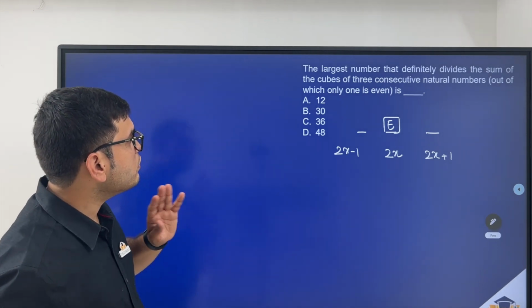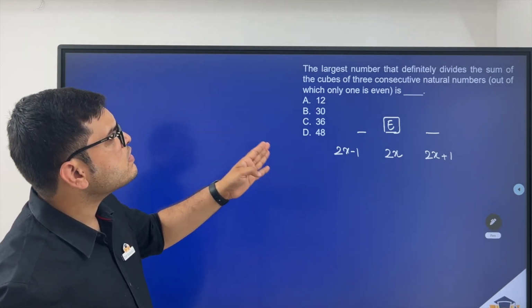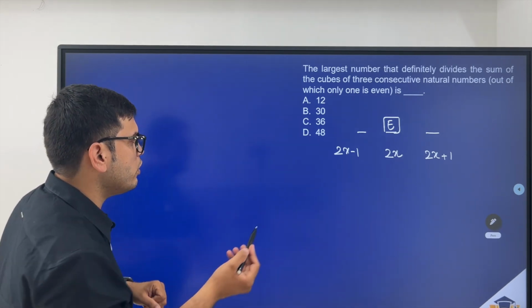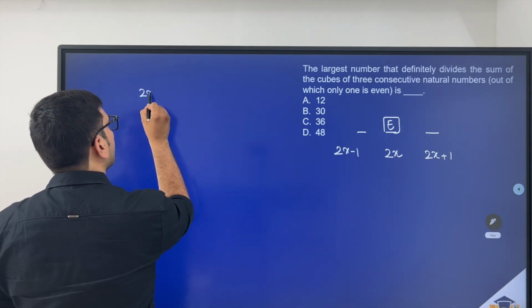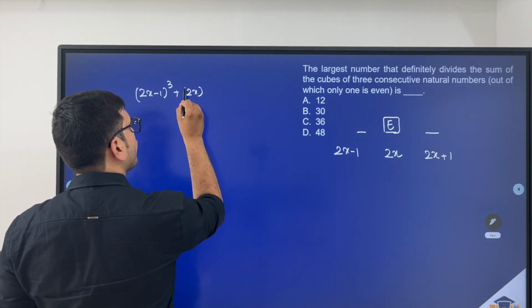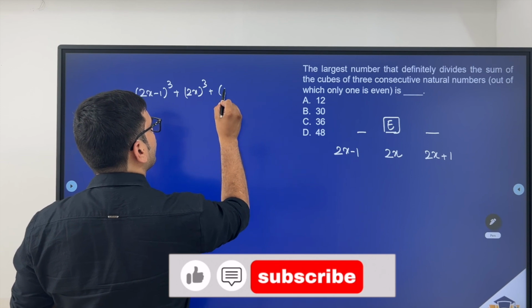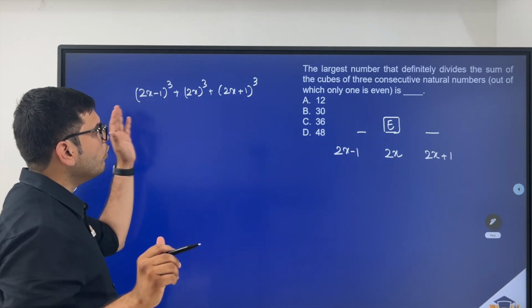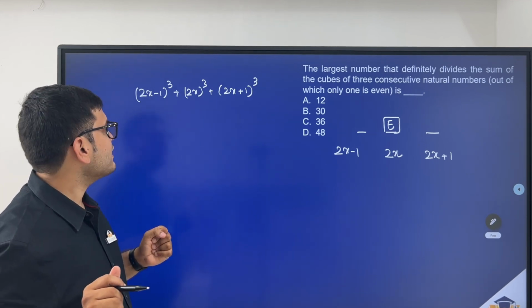Now it is mentioned that what was asked? The largest number that definitely divides the sum of the cubes of these 3 consecutive natural numbers. So we have 2x minus 1 whole cube plus 2x whole cube plus 2x plus 1 whole cube. We need to find the largest number which divides this expression.